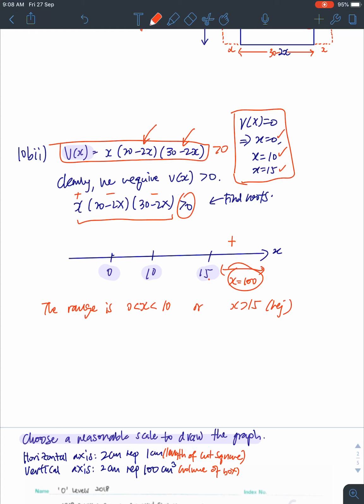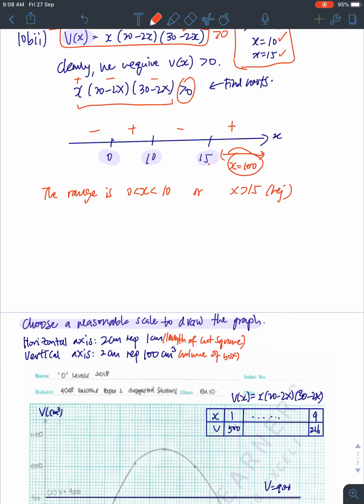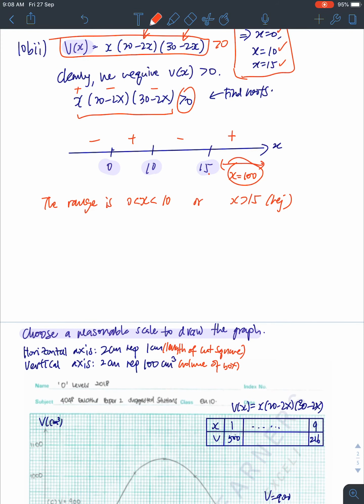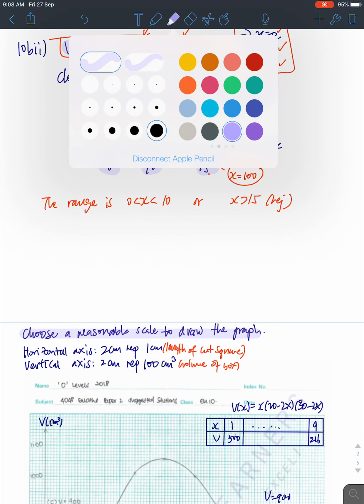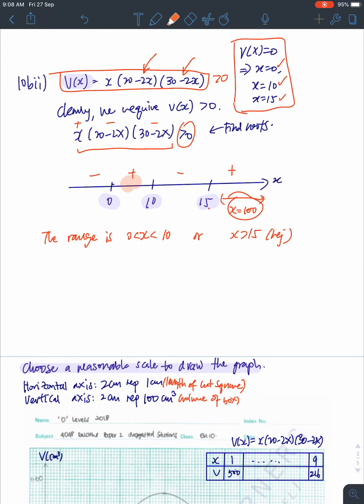If you repeat this argument, you get negative, positive, negative. So now what we want to do is consider these two ranges, where x is between 0 and 10, or x is more than 15, which we reject, and this is simply our answer.